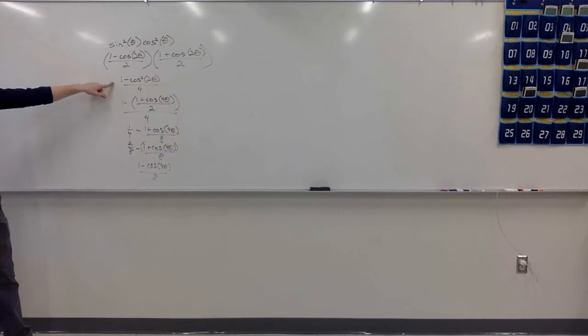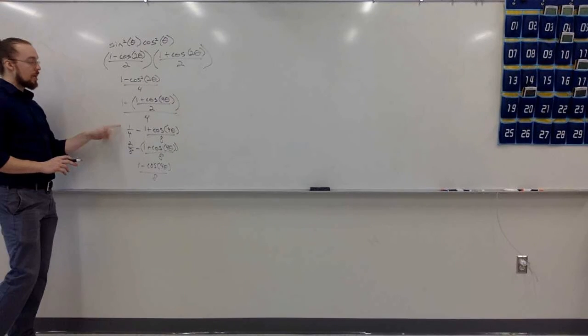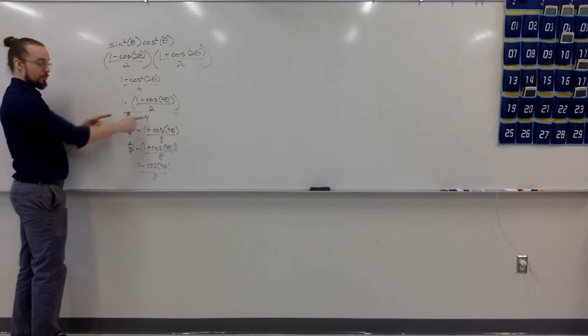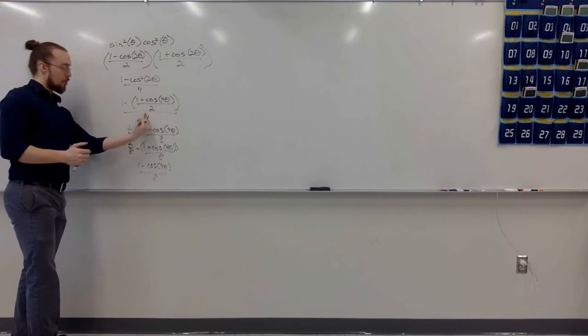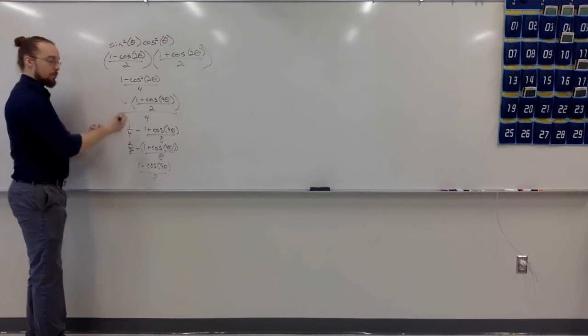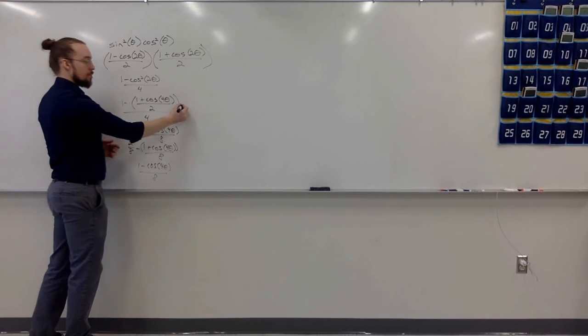Just moving from that to the next one, and then when you times it by 1/4. So from here to here, I just split this up into two fractions. If we have a single term in the denominator, we're allowed to say that's going to be 1/4, and then put all of this over 4. If I'm dividing by 4, that's the same as multiplying by 1/4.